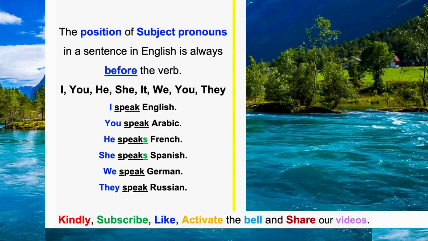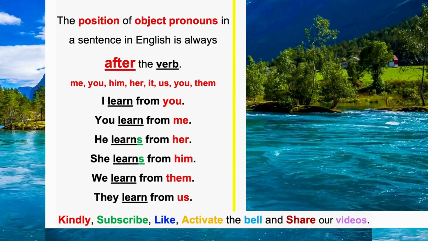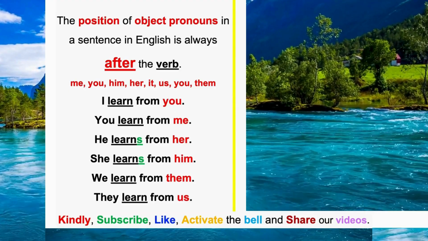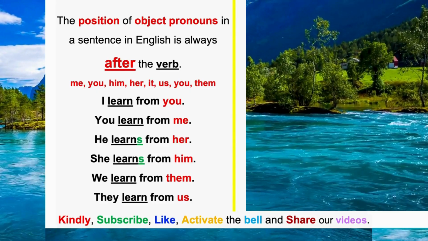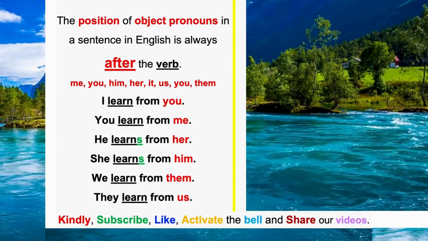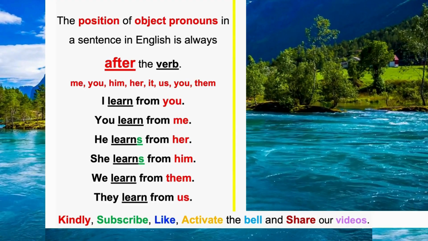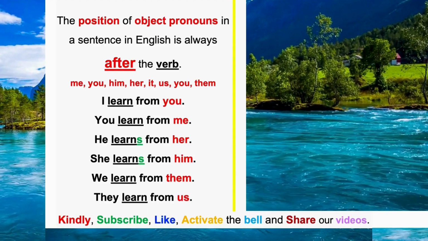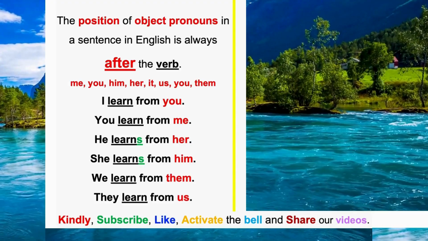Let's see the second slide. Object pronouns. The position of object pronouns in a sentence in English is always after the verb. The pronouns are me, you, him, her, it, us, you, them.